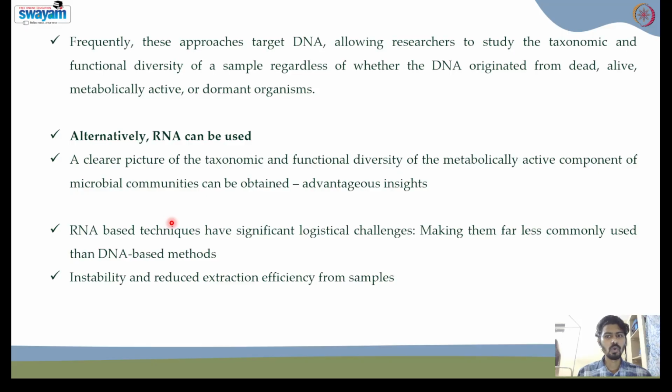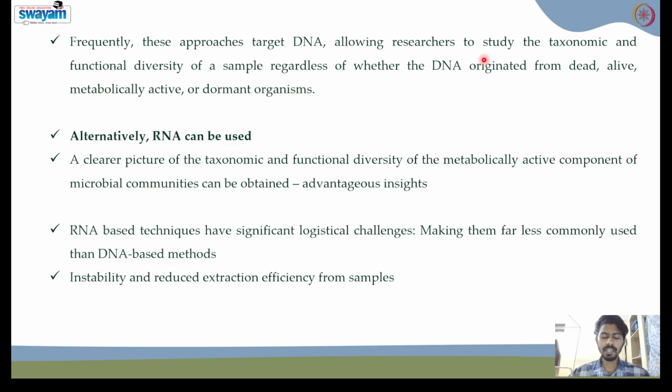These approaches target DNA, allowing the researcher to study the taxonomic and functional diversity of the sample, regardless of whether the DNA originated from dead, alive, metabolically active, or dormant organisms.